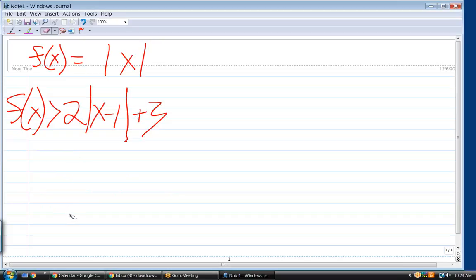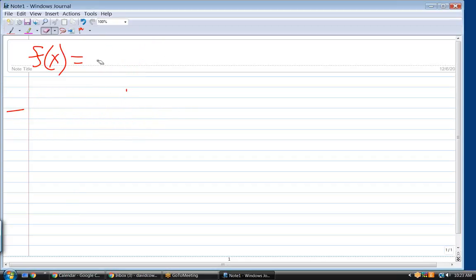So can we do a little bit more with graphing the inequalities? Yeah. Let's graph inequalities instead of absolute value inequalities for a moment.